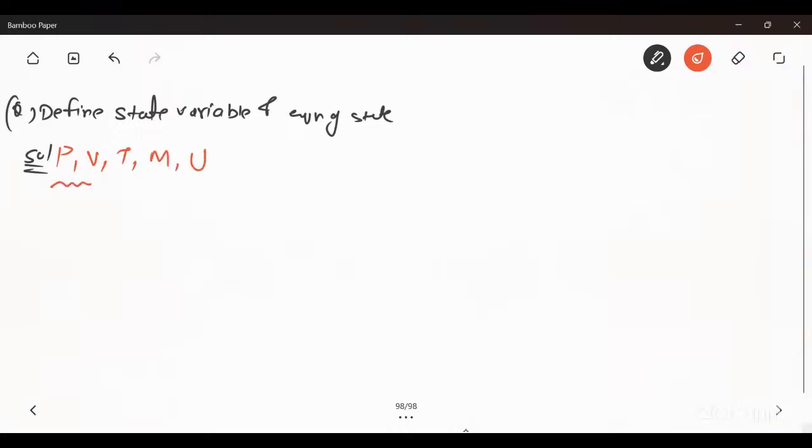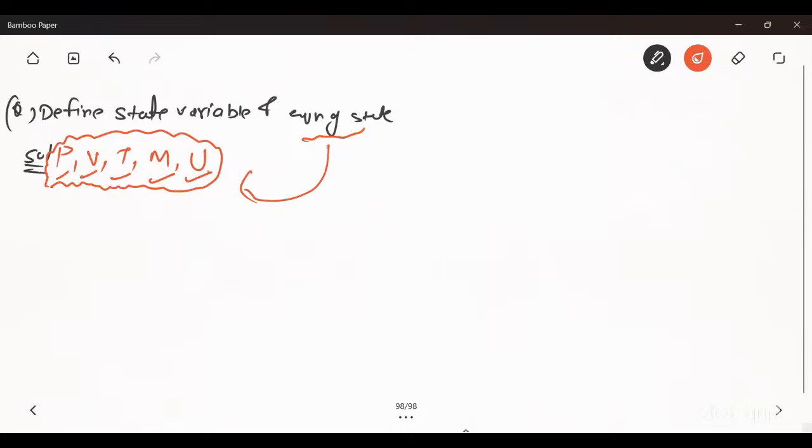These are known as state variables, meaning all the macroscopic properties of matter. And the equation of state is the connection between all these values. So firstly, what are state variables? The state of a system which determines the pressure, volume, temperature, mass, and internal energy of the system is known as the state variables. And the equation of state determines the relation between these state variables.